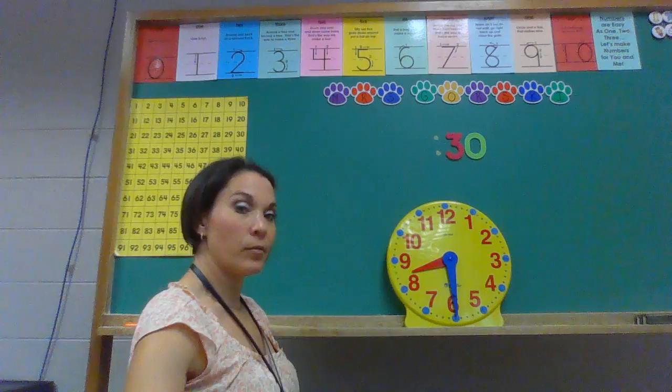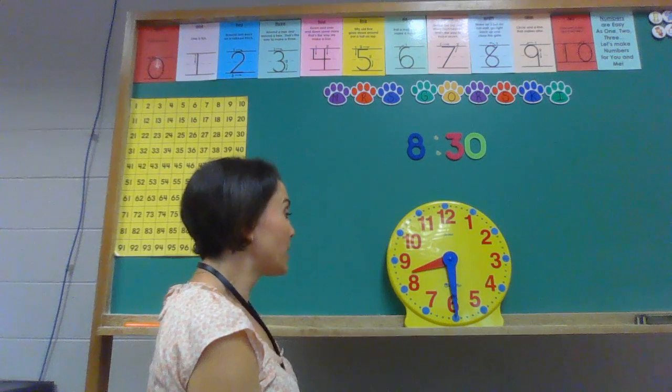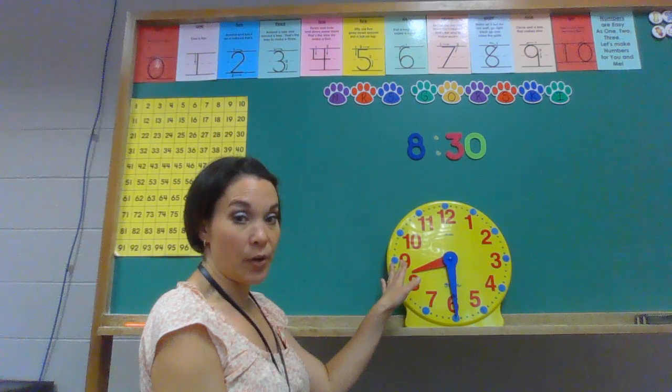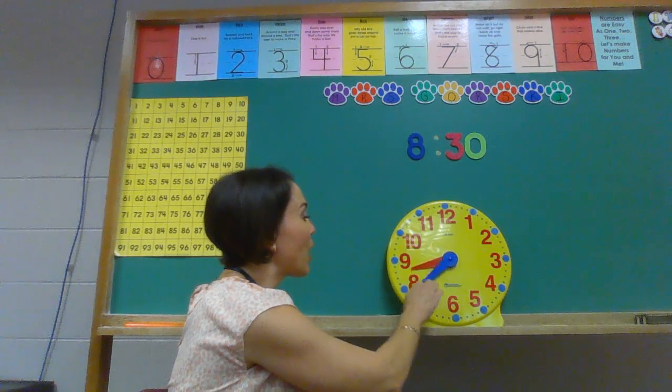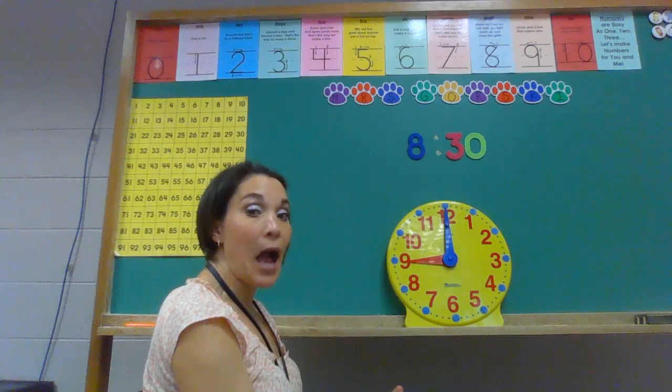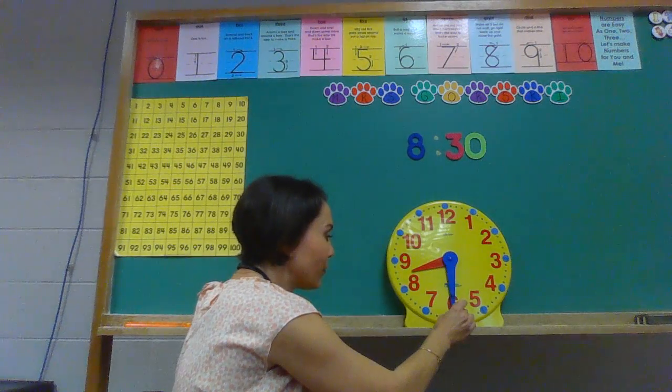If you said 8:30, you're absolutely right. Because if you thought it was 9:30, the hour hand should be in between the 9 and the 10. If I go another half hour, it's only 9 o'clock. So it couldn't be 9:30. That's why it's 8:30.